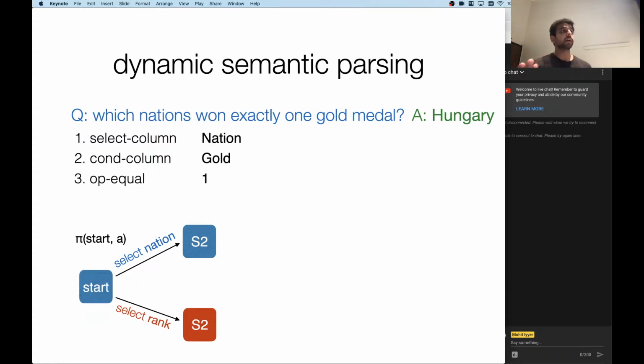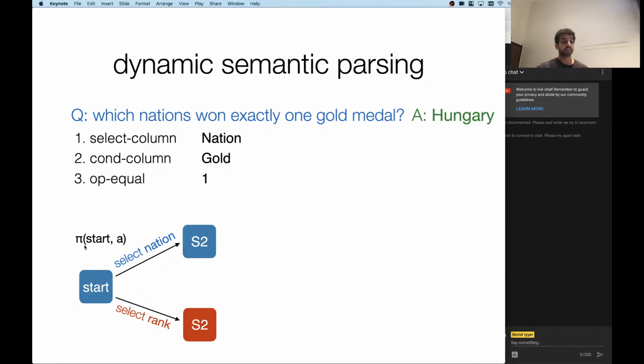So this is where you can encode which actions are valid or not valid. Like here, given no previous context of logical form, you probably can only produce a SQL operator like select or count or whatever.